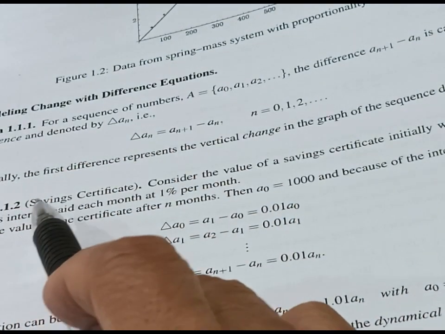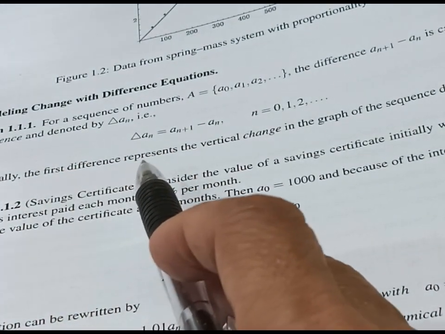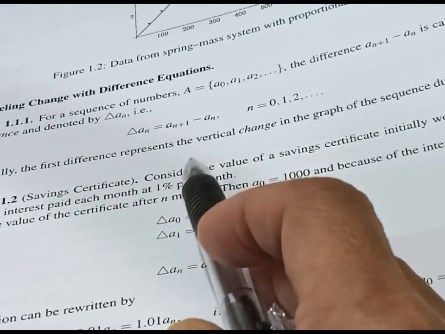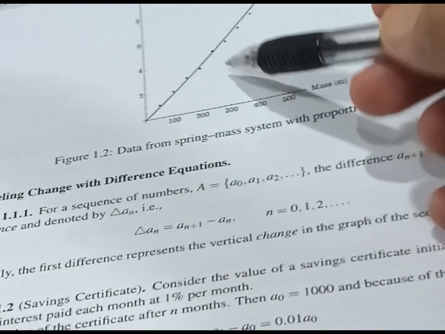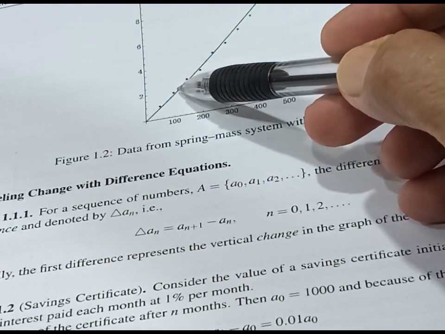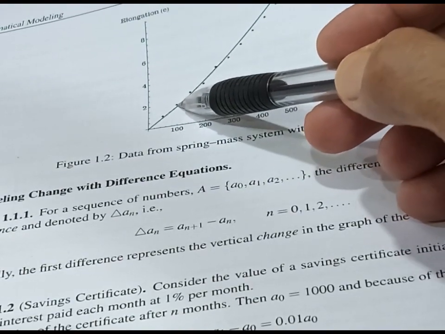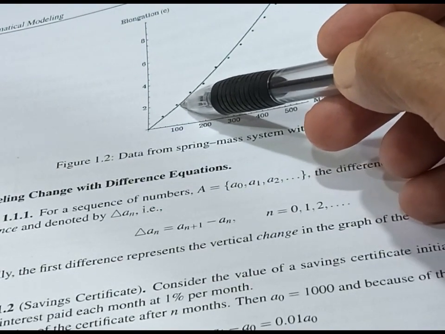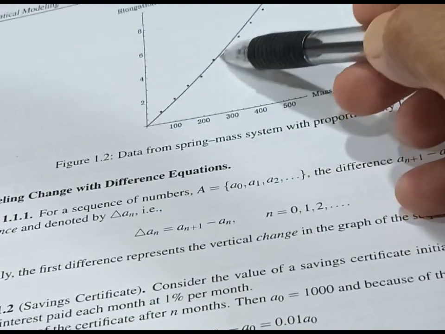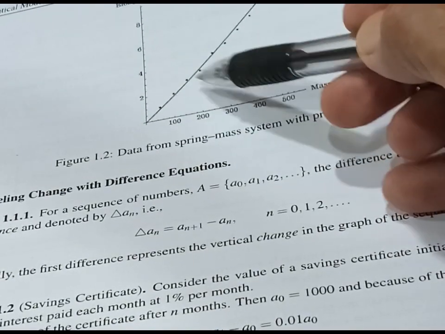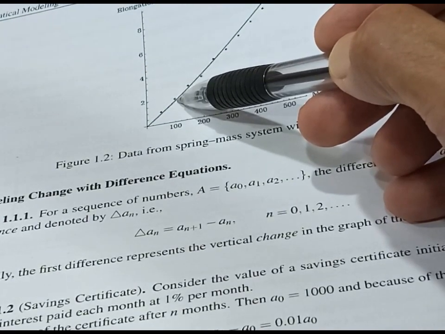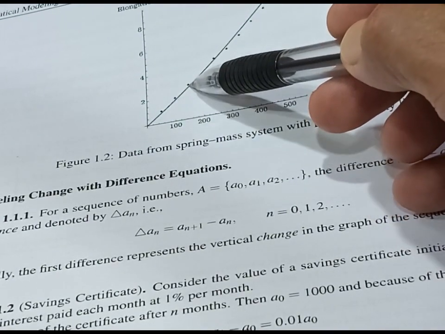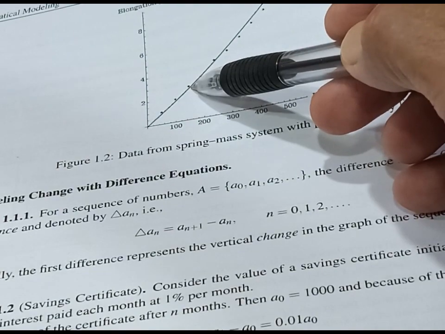Okay, geometrically, the first difference represents the vertical change in the graph. By looking at this graph, we can use any point here. Let's say we take this point. This is the number at position n, and the next one is the number at position n plus 1.